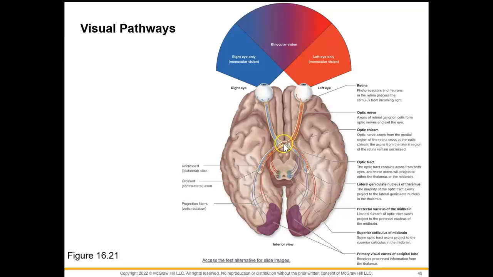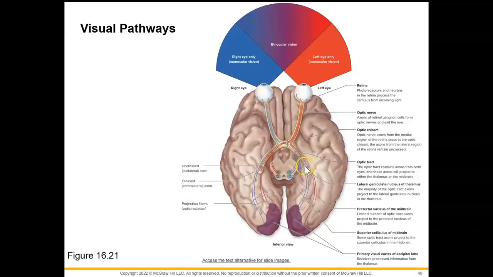So once they cross or not cross in the optic chiasm, we create optic tracts. And these tracts also still have those axons moving through, and now we've got information from both eyes that are going to project over to the thalamus. Now over here we are going to see one of the nuclei within the thalamus.